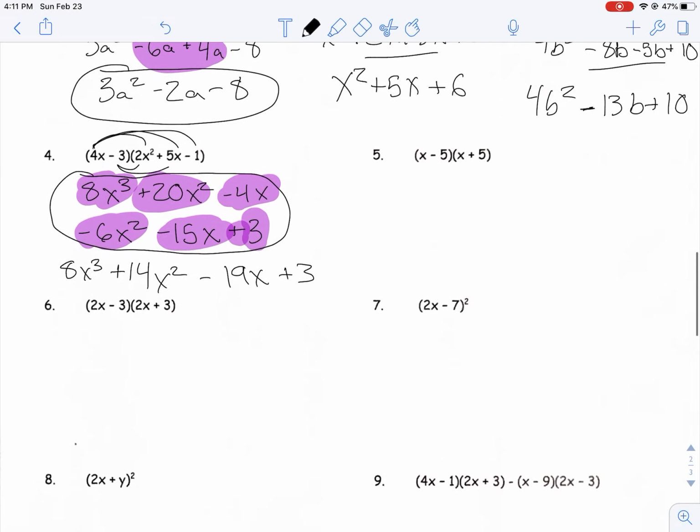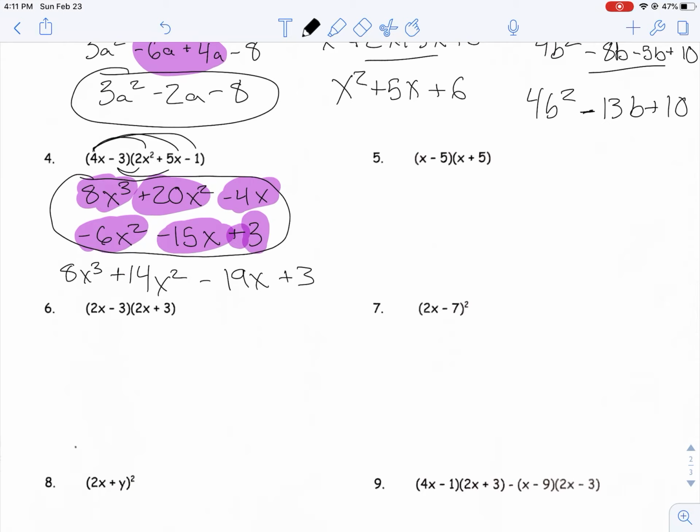Next one, this is another one that you might see. It's kind of the FOIL method a little bit. But what we have here is our first term and our last term. So let's just start it out. First term, x times x is x squared. Outside terms are x times 5. That's just a 5x.